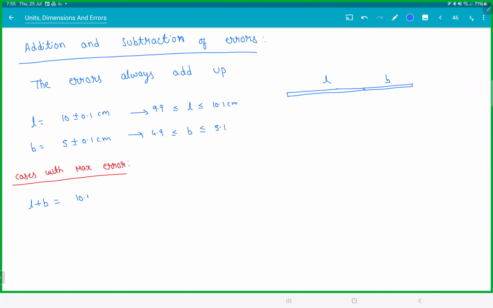Means you took 10.1 here and 5.1 here. Then your maximum comes as 15 plus 0.2. What is the other worst thing that you can do? Take both of them less, 9.9 and 4.9. In this case, you can get 15 minus 0.2. That means when you add these two values, your value can lie anywhere between 15 plus or minus 0.2.